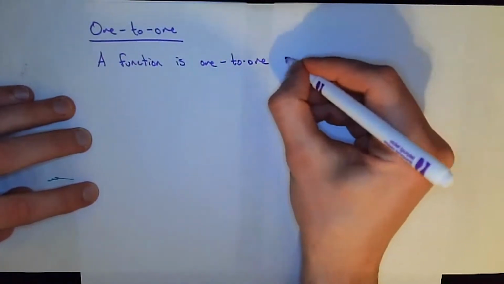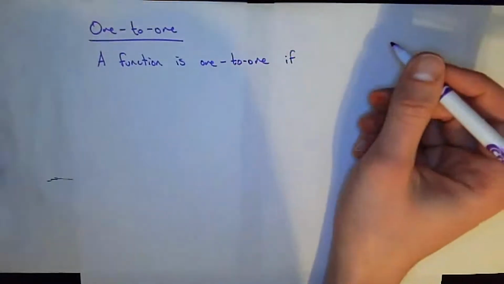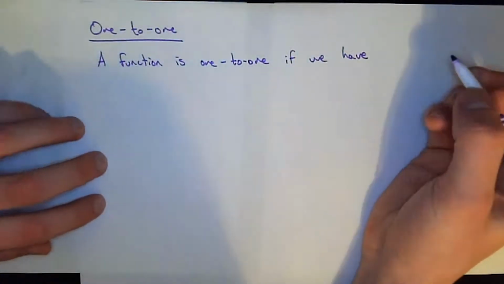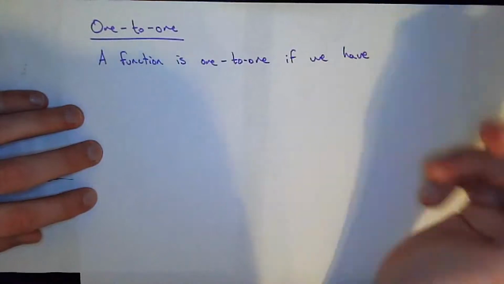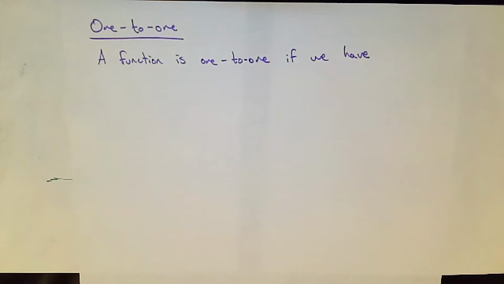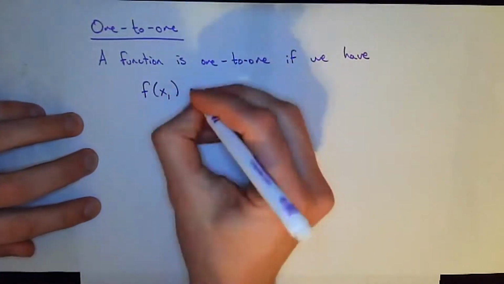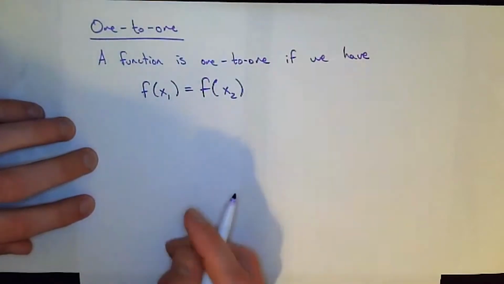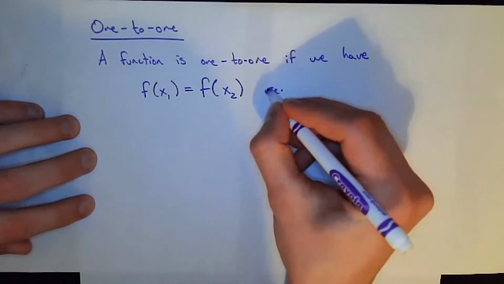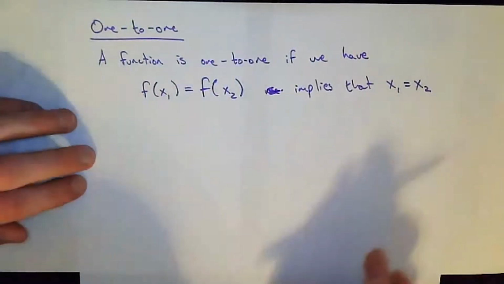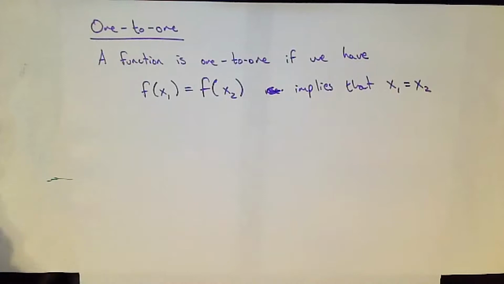A function is 1-to-1 if we have f of x sub 1, so some input, equals f of x sub 2, some other input, implies that x1 is equal to x2. Let's look at how we can use this definition for those two functions that I worked with.